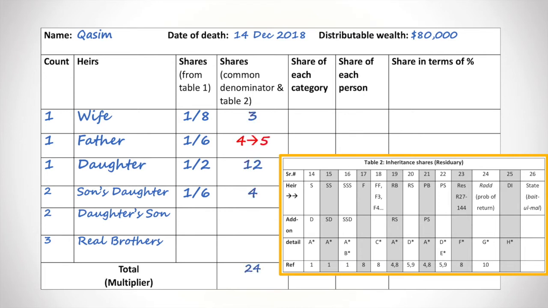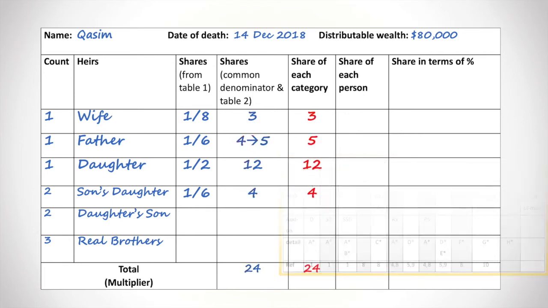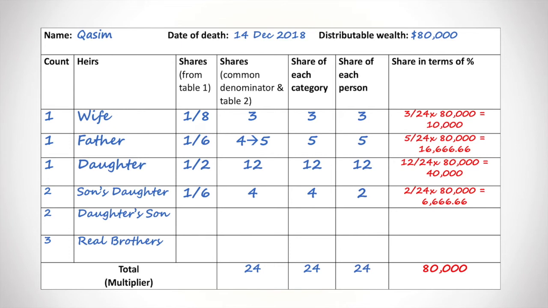So 4 will turn into 5, and now we have our distribution: 3, 5, 12, and 4. We have 2 son's daughters, and 4 can easily be divided into 2 parts, so we don't have to use a multiplier here. Share of each person will be 3, 5, 12, 2, and 24, and the last column is our calculations for the total wealth: 3 divided by 24 into 80,000, and so on and so forth.